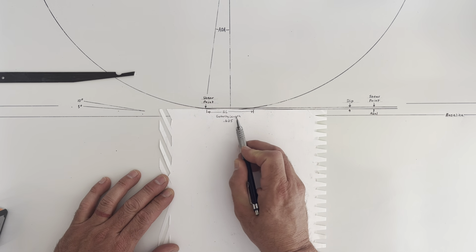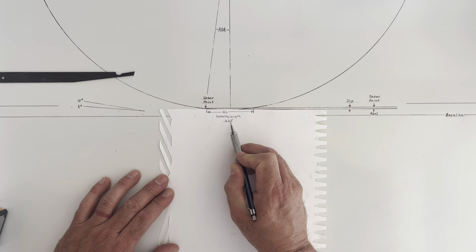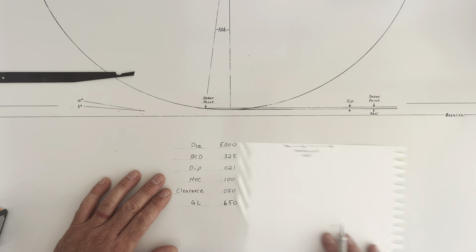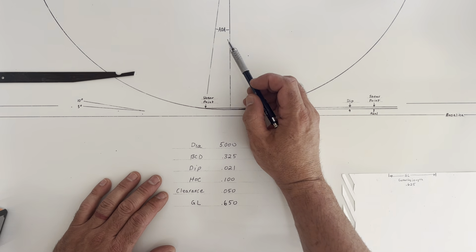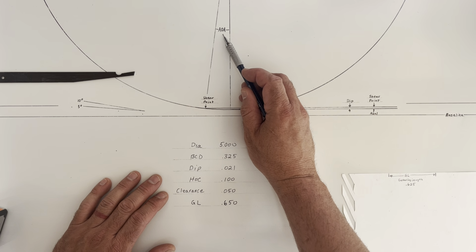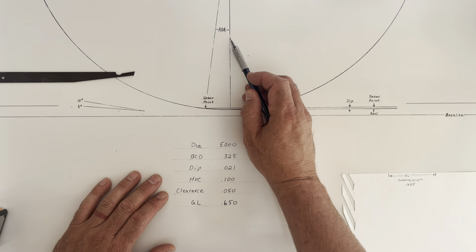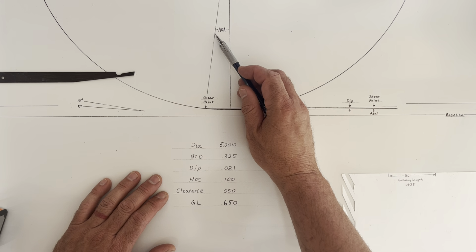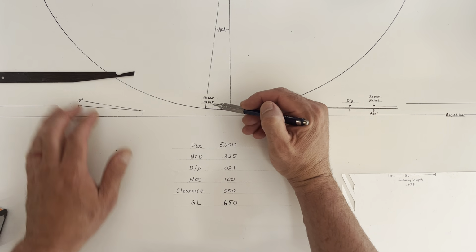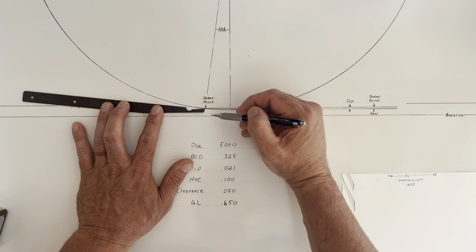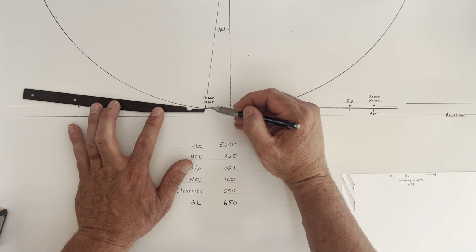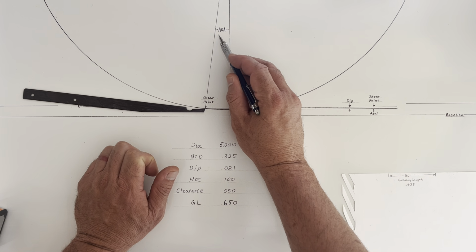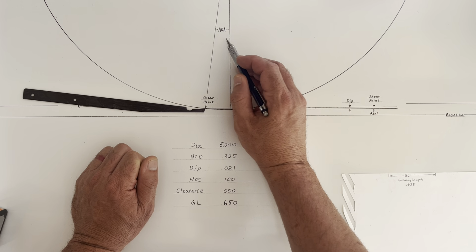This is the gathering length, which is double. This angle from the center line to the line that's drawn from the axis of the reel to the front edge of the bed knife is called the angle of aggression.